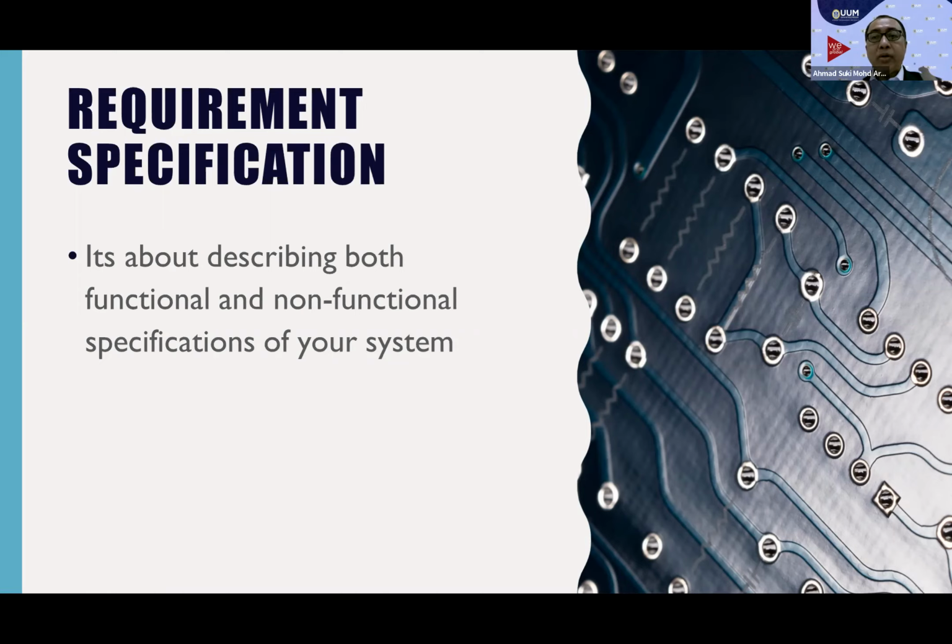Okay, it is about you are going to list this thing. That is the most important thing, although later you are going to list and describe it in some diagrams, some tools such as use case, class diagram, etc.